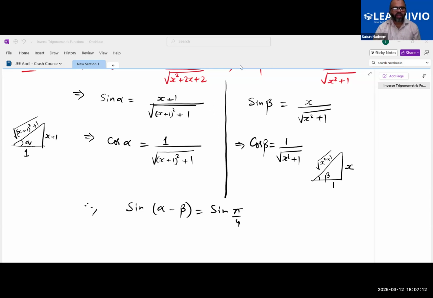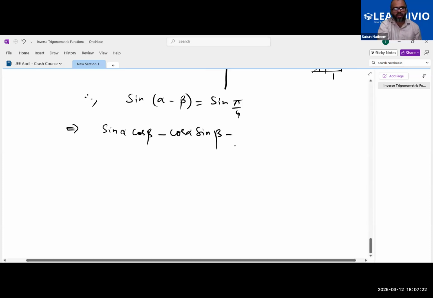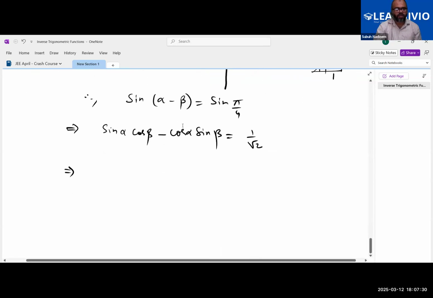That is the formula of sine A minus B. We remember now, it is sine alpha cos beta minus cos alpha sine beta, and sine pi by 4 is 1 by root 2. Now let us see what these values are. Sine alpha is x plus 1 by root over x square plus x plus 2.